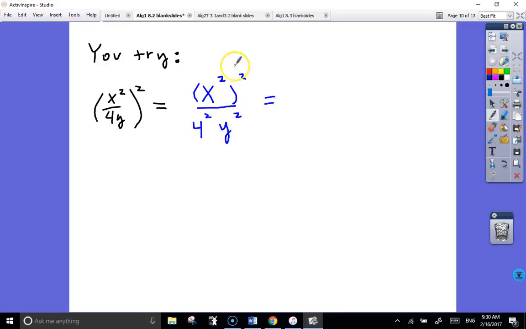Okay, what is x squared squared? x to the 4th. And my guess is that since there's variables involved, we probably are going to simplify 4 squared and not just leave it as 4 squared. So we'll call that 16y squared. That's it. Do you want it to be more complicated?